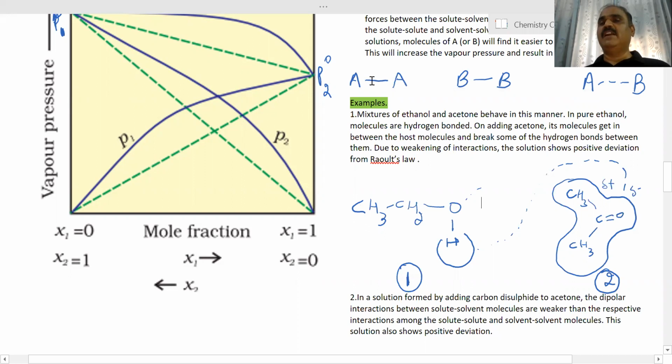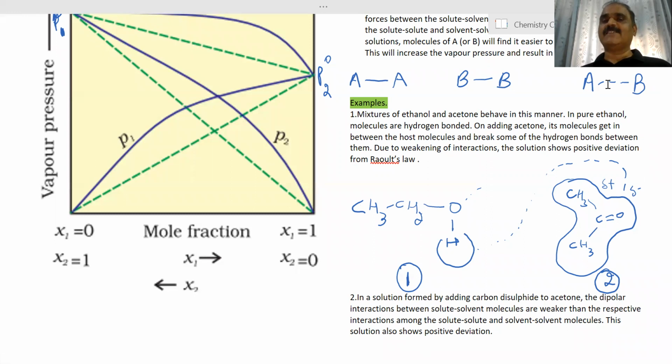That means the heat supplied for this is more than the heat released when this is formed. So heat supplied more, heat released less. Net result, delta H will be positive, because delta H is equal to H of final state minus H of initial state. So more heat is gained by the process than released. Net result is heat gain. So that is why delta H is positive.